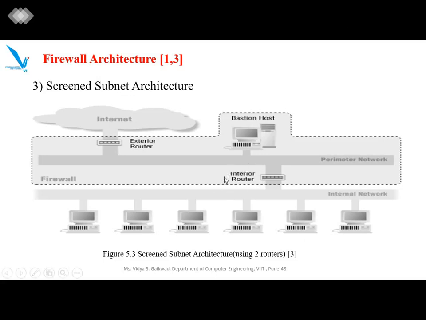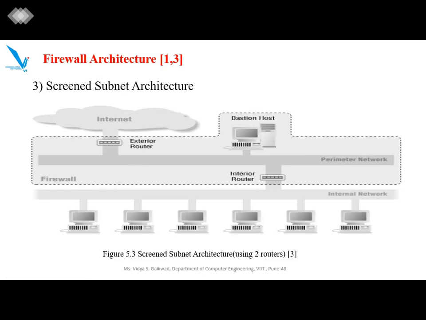So this is known as the interior router, which is present between the internal network and the perimeter network, right? While the other router is installed between the external network, that is internet, and the perimeter network. Therefore it is known as exterior router.